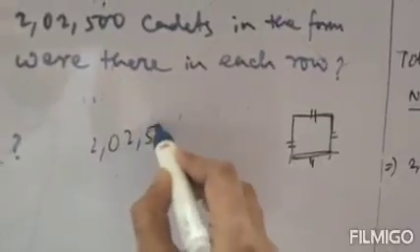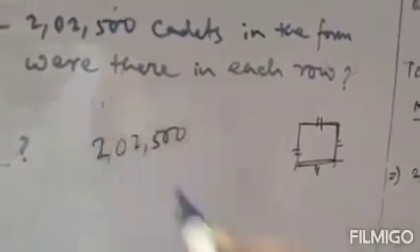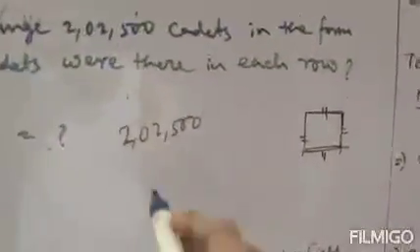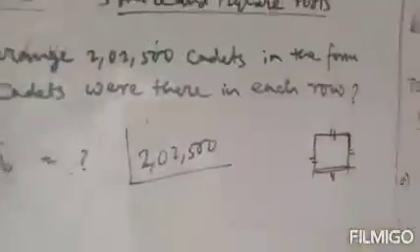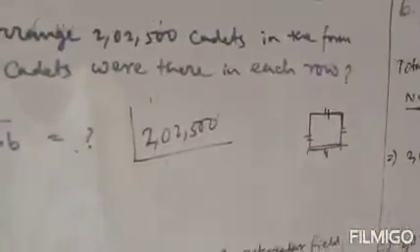You can use any of the methods, the prime factorization method or the repeated subtraction method, anyone. There are 3 methods of finding square roots. You have already learned them. You can do any one of them. Clear? So let's do it by the prime factorization method first. 2,02,500. Let's divide by 2.